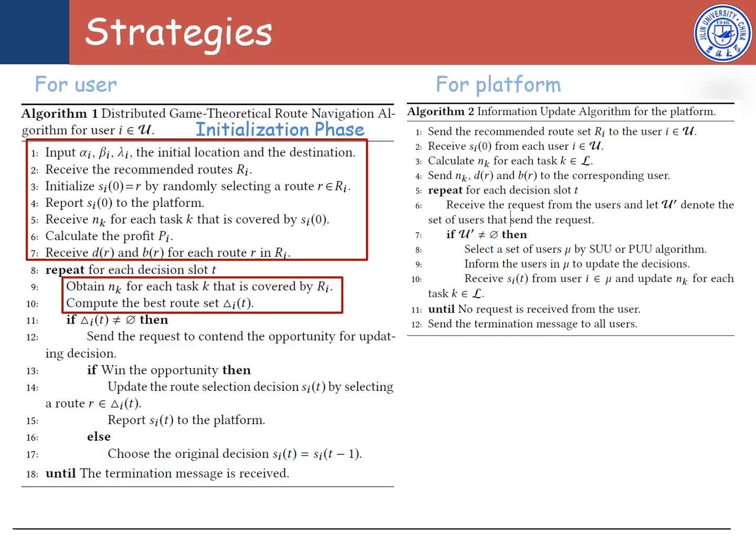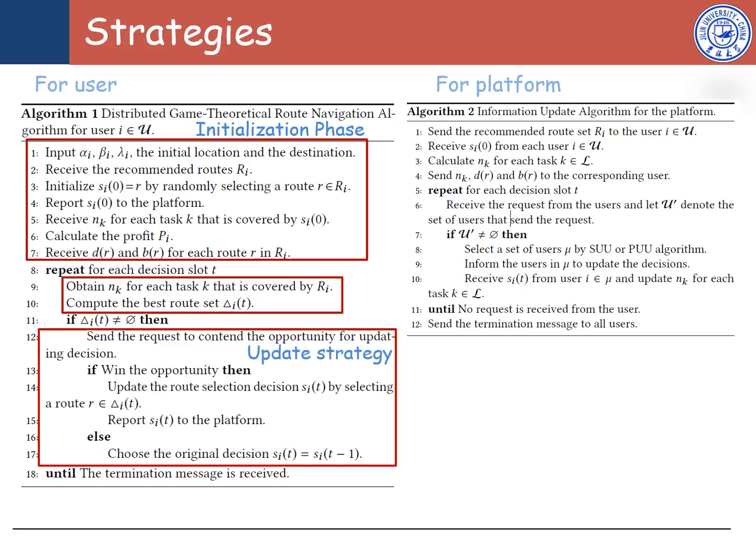Then the user sends a request to the platform for updating the decision. If the user wins the opportunity, it changes the decision, otherwise it keeps the decision unchanged. The algorithm is terminated when all the users receive the termination message.